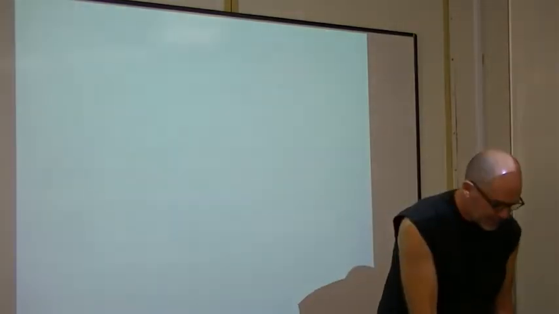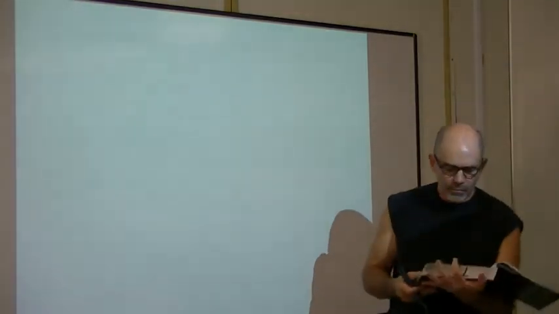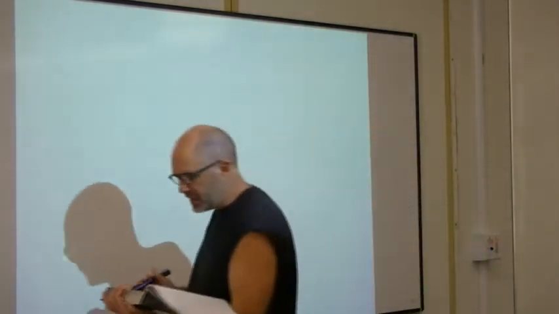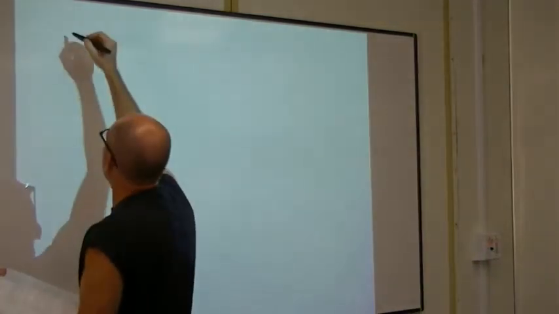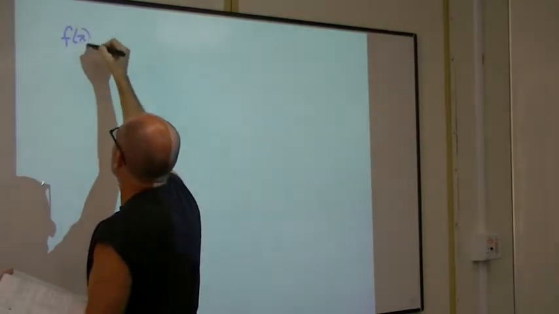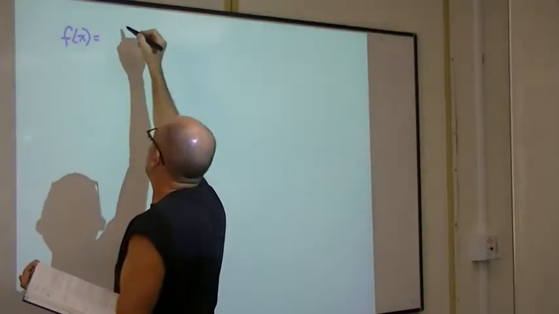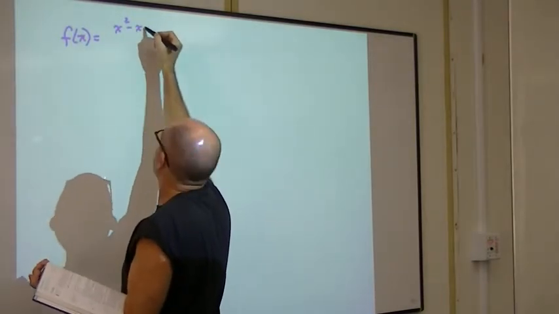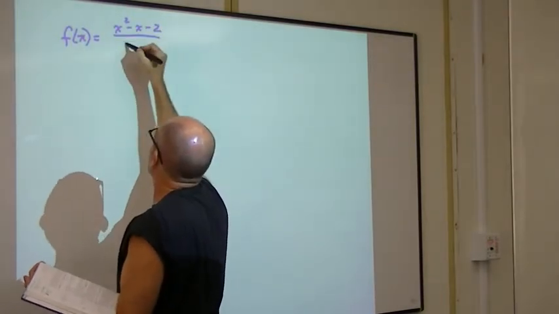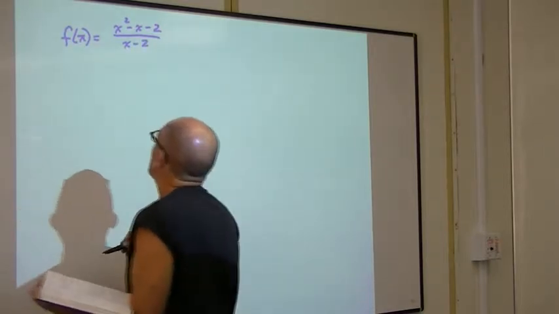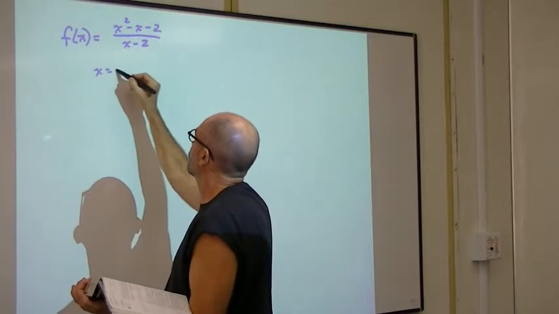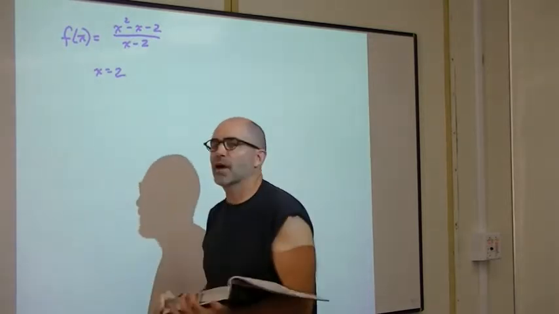Where are each of the following functions discontinuous? Okay, so we have f of x equals x squared minus x minus 2 over x minus 2. So clearly this is discontinuous at x equals 2, because that would make the bottom 0.